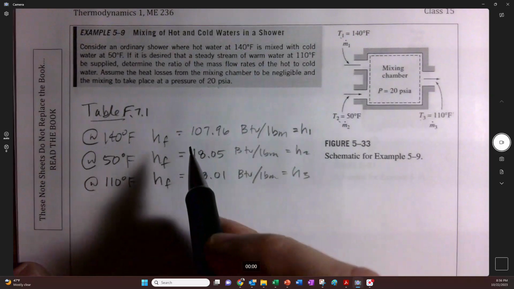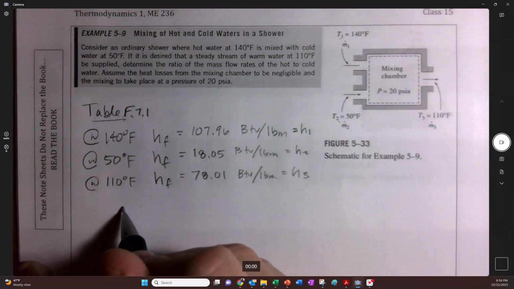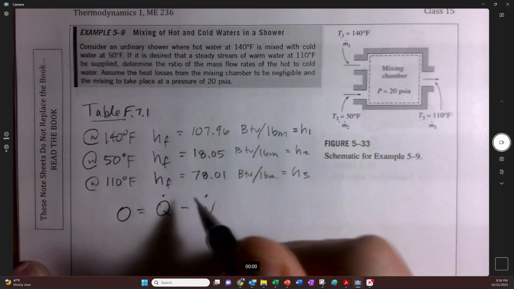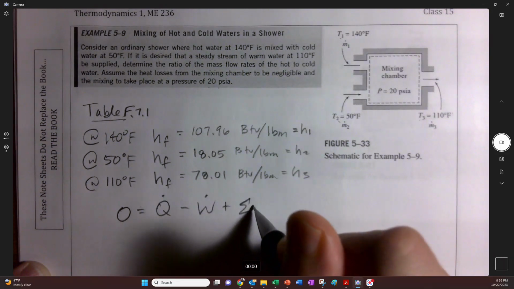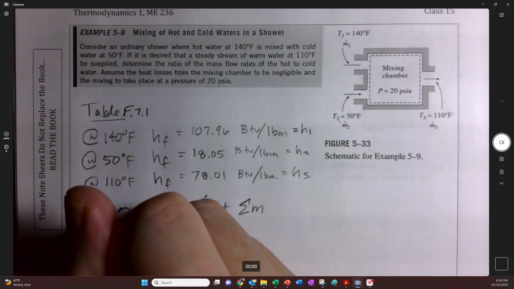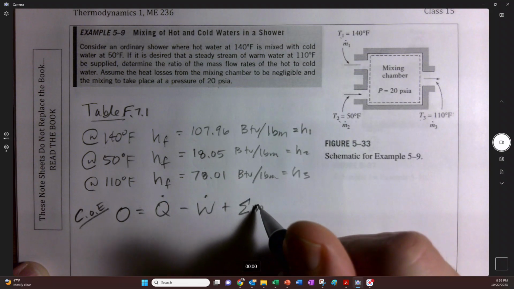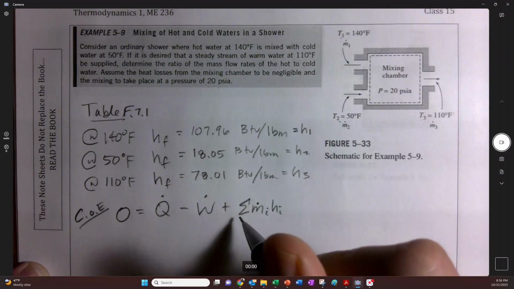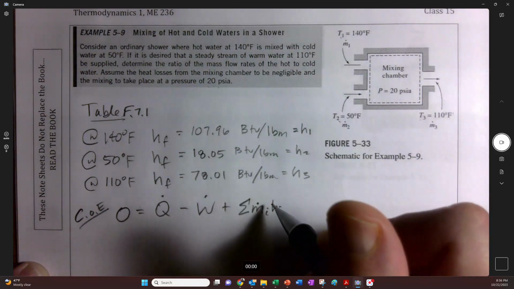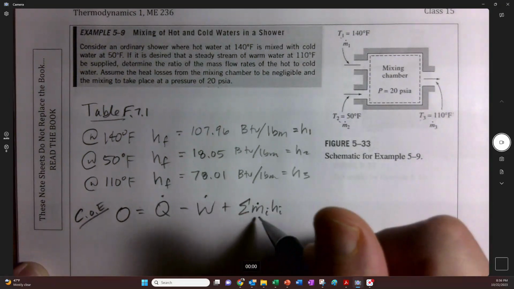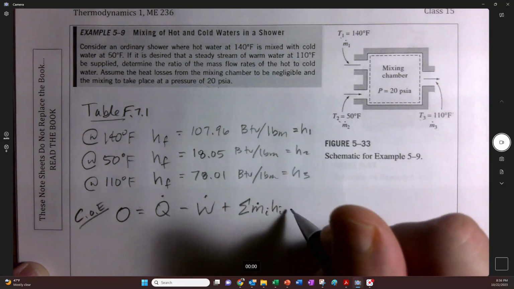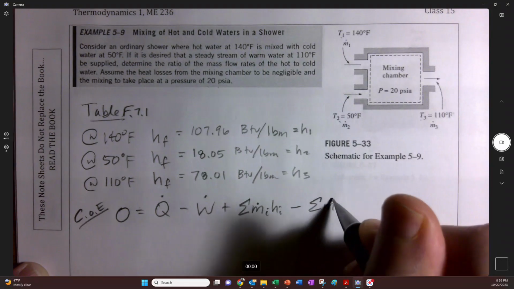So if we're looking at a mixer, we come back to our fundamental conservation of energy equation: heat rate in minus work out, equals the summation of all the mass flows with their enthalpies coming in, minus the summation of all the mass flows exiting.